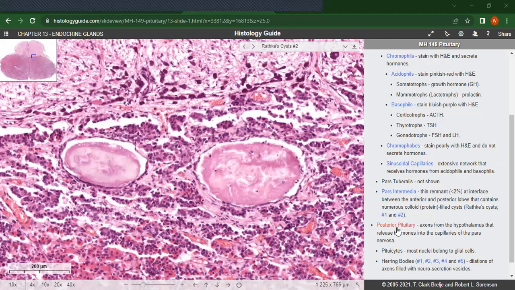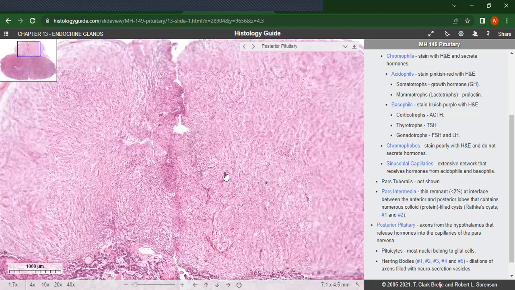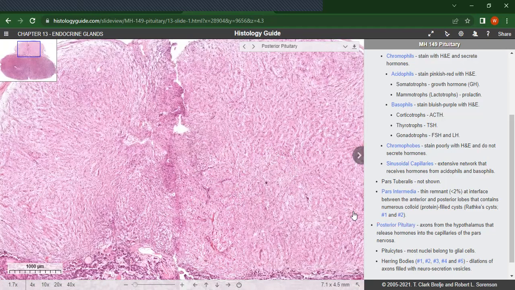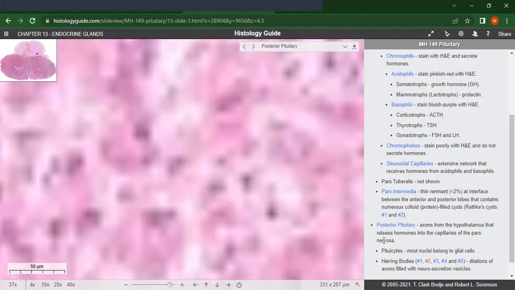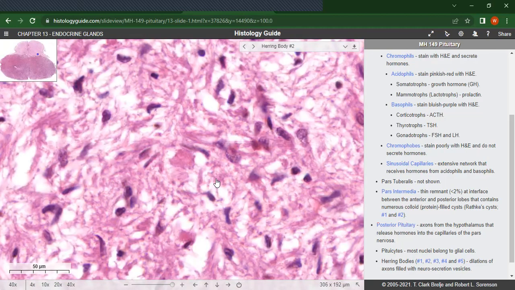So, the posterior pituitary is now what I was calling the neurohypophysis. Axons from the hypothalamus release hormones to the capillary. Then I showed you the pituicytes, those nuclei. Pituicytes are glial cells, supporting cells of the nervous system. This is the nuclei of the pituicytes. Then I showed you a Herring body. Let's see a Herring body.